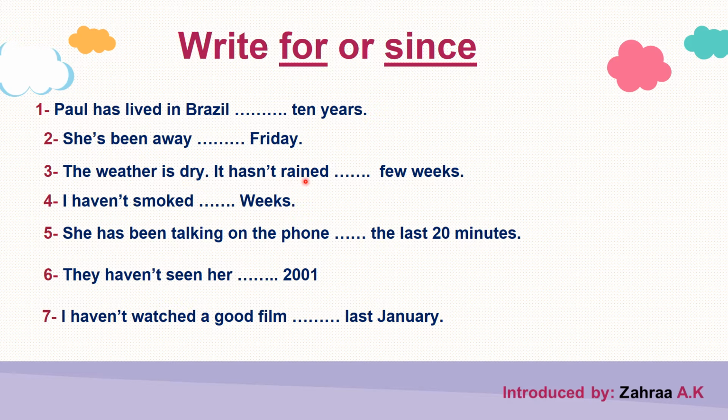It hasn't rained for or since weeks. I haven't smoked for or since weeks. She has been talking on the phone for or since the last 20 minutes. They haven't seen her for or since 2001. I haven't watched a good film for or since last January. So think about that for 5 minutes and then answer about these sentences.